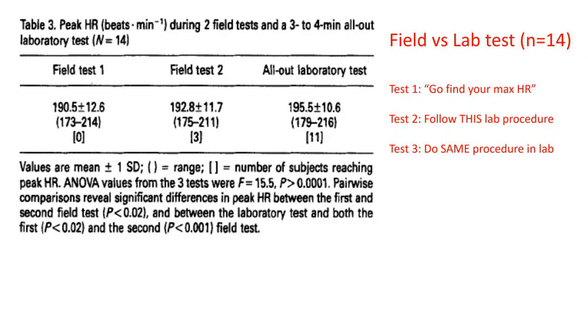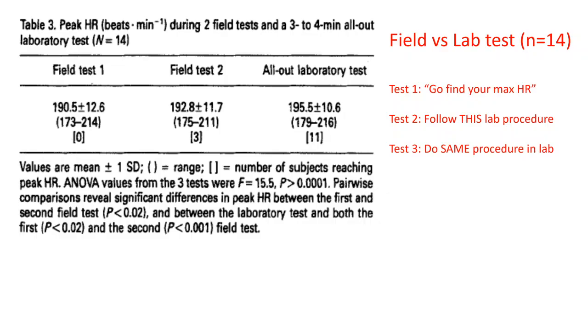They did not reach their peak heart rate under those conditions. In the second field test, they were told how the laboratory test was organized and then told to reproduce that. And then heart rate max is closer to what they see in the laboratory. And then the actual all-out lab test you see had the highest. That's where 11 of 14 athletes hit their highest peak. So in general, at least at this time, the field tests didn't usually give a maximum result. That may be because of motivation.